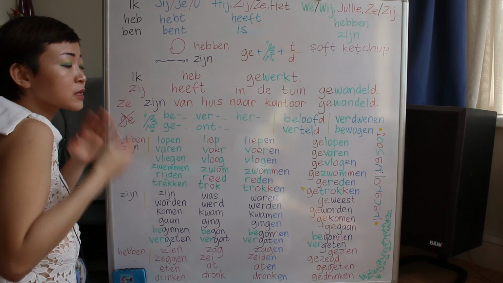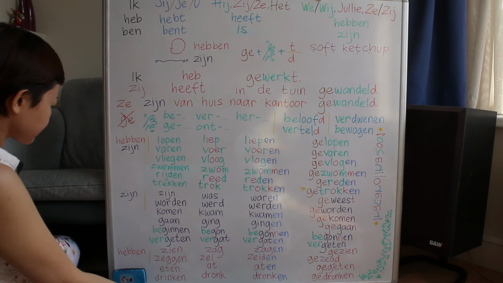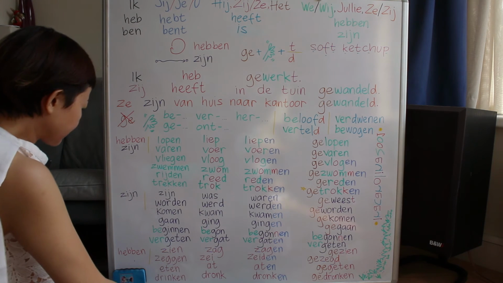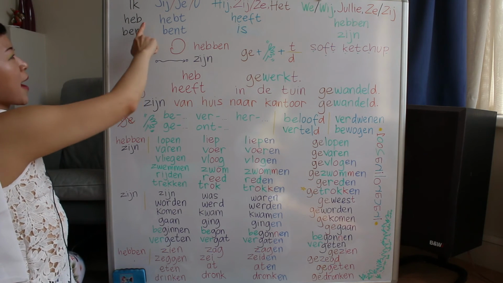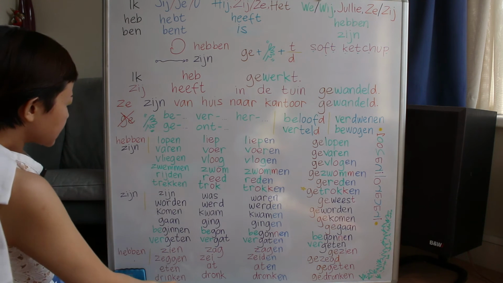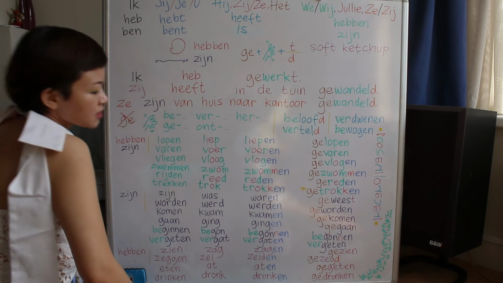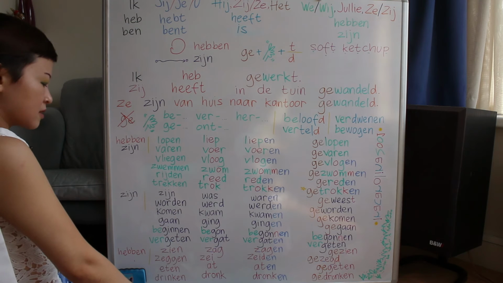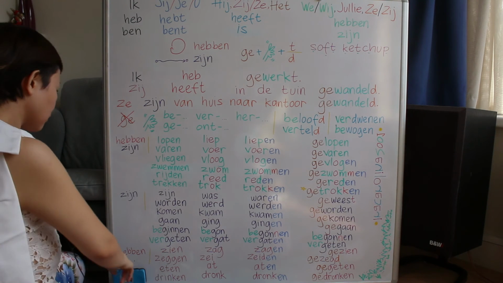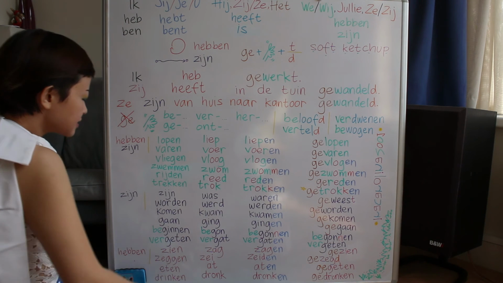Vliegen, vloog, vlogen. Gevlogen, flown. Fly, flew, flown. Gevlogen. You can use hebben or zijn. Zwemmen, zwom, zwommen. Gezwommen. Swim, swam, swum. You can use hebben or zijn.